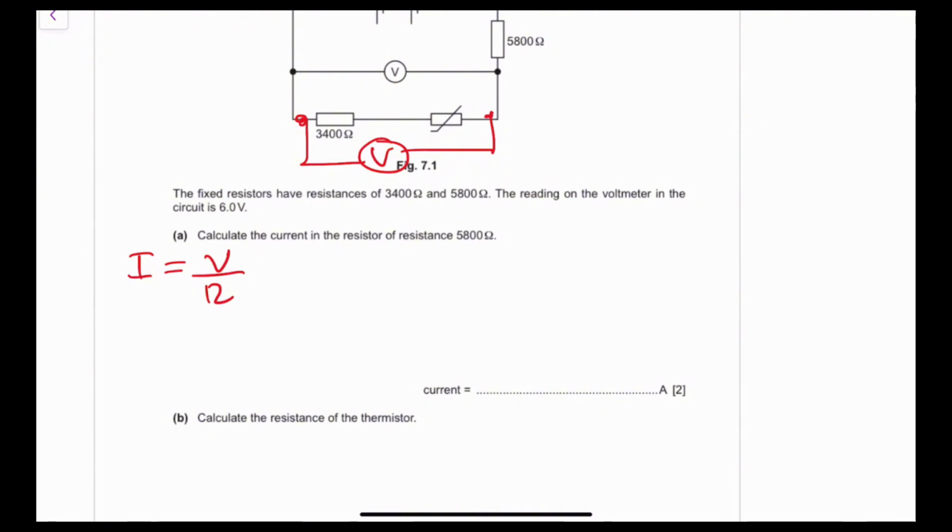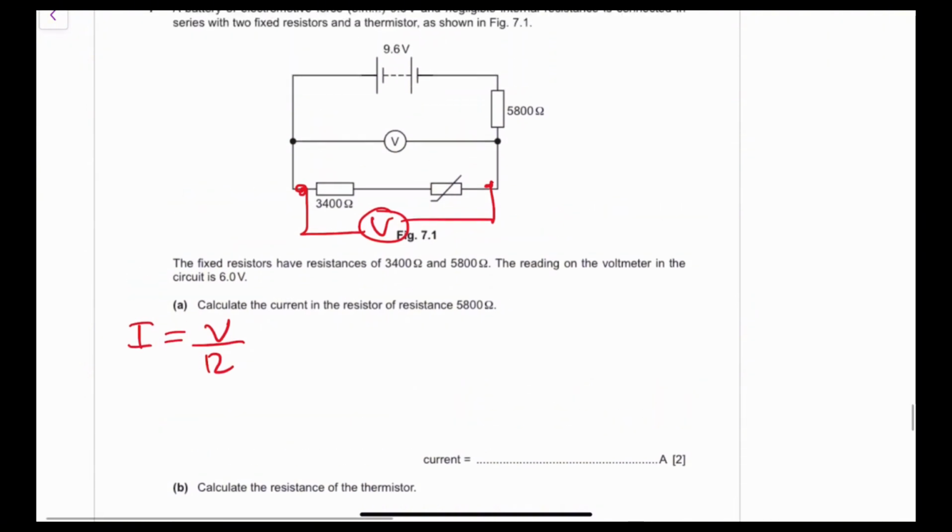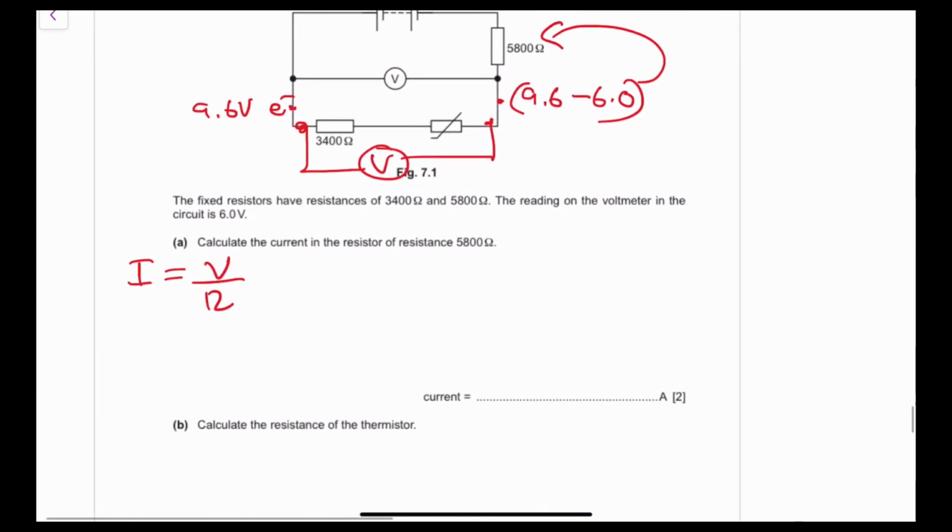So electrons are very clever. They're going to reach this particular point and give a certain energy to the first resistor and a certain amount of energy to the other resistor. And according to our calculation, the total energy is going to be 6 volts. So if they were here, they had 9.6 volts, right? By the time they reach here, they have 9.6 minus 6.0, and that is all that they're giving to this particular resistor itself, right?